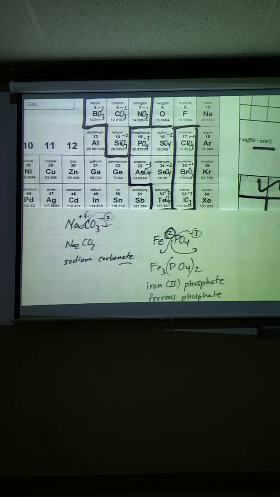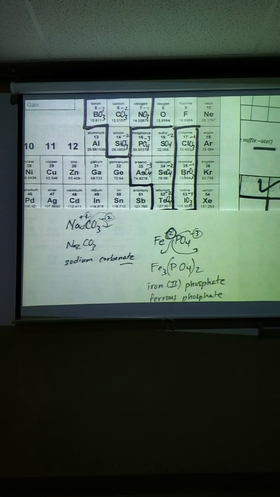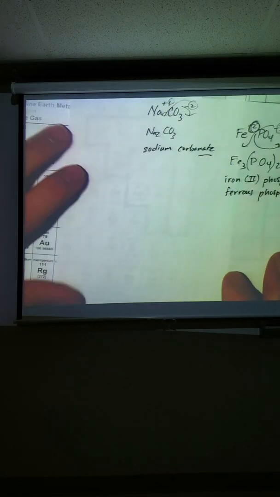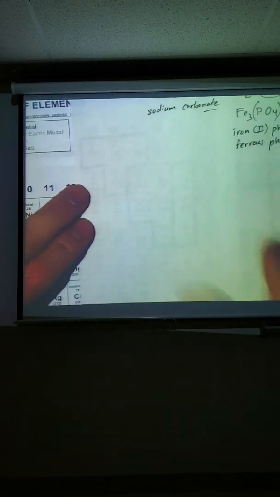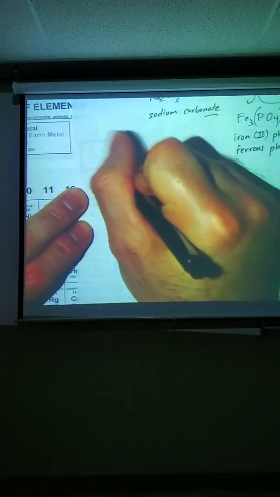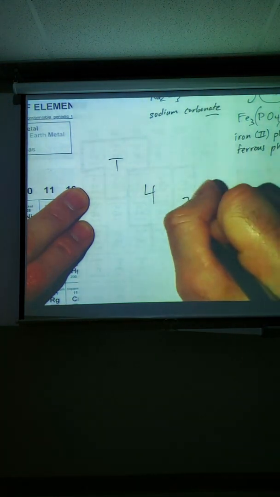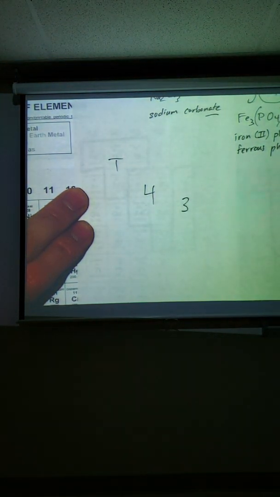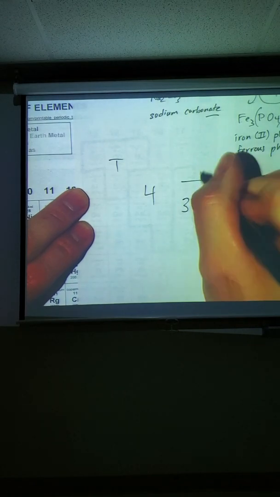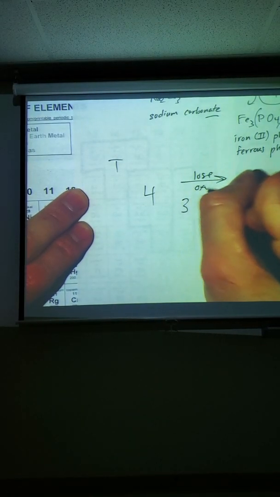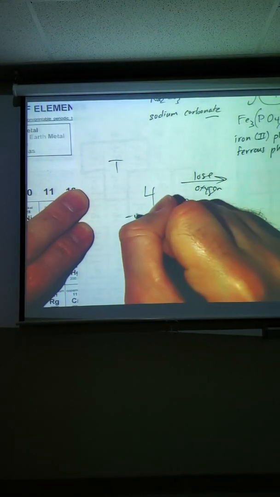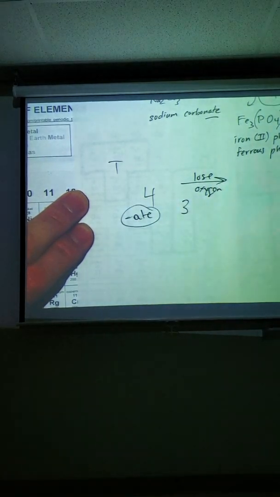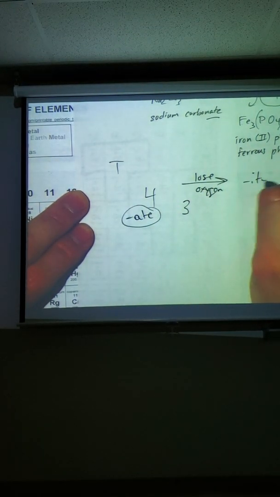One step further from this idea is if you have T43, so we'll kind of have the shadow of it underneath us. If you're in this T43 kind of idea, if you lose oxygen, you were an ATE, that's the whole T43 idea, you would become an ITE.